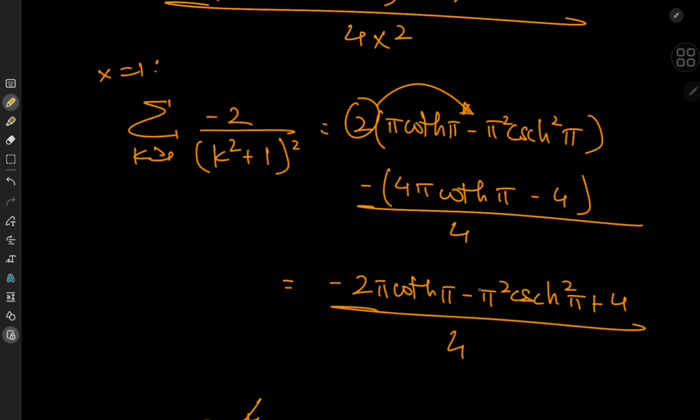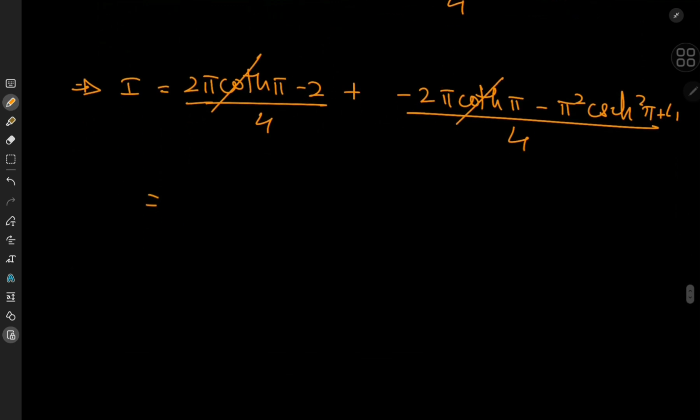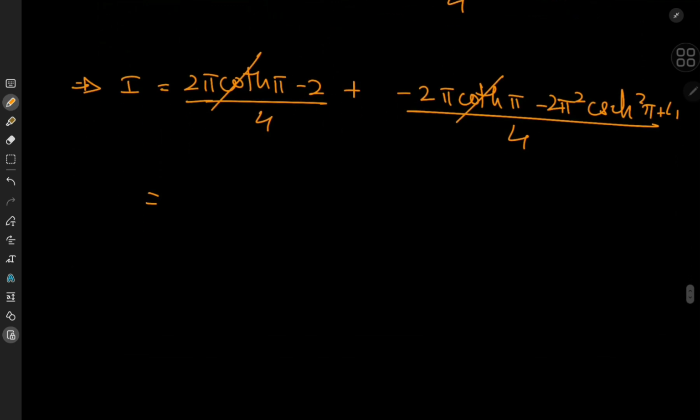Okay, at least I recovered that factor of 2. Anyway, that was fun. So, what was I doing? Yes, of course. 2 minus 2 pi squared times hyperbolic cosecant squared pi divided by 4.